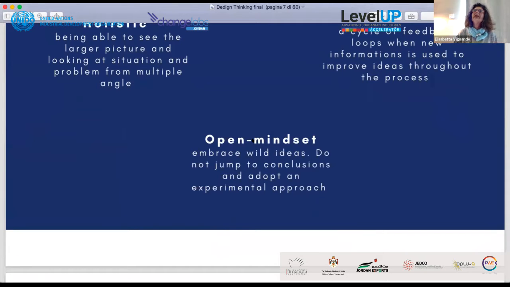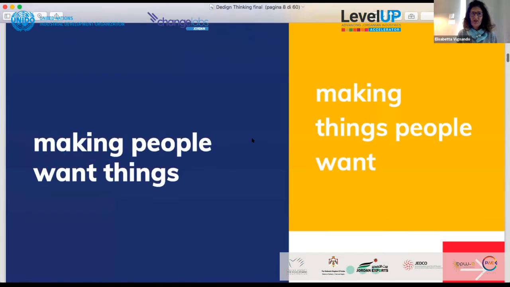When we start a design thinking approach, it is very important not to jump to a conclusion, and to adopt an experimental approach to find the best solution. This slide, in my point of view, exactly summarizes what design thinking is: making things that people want.